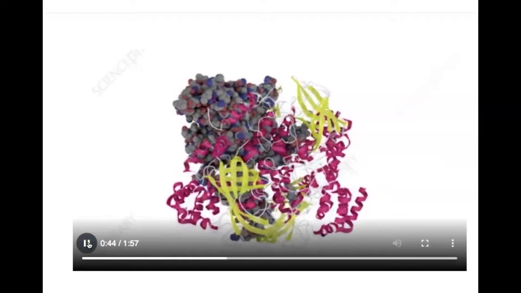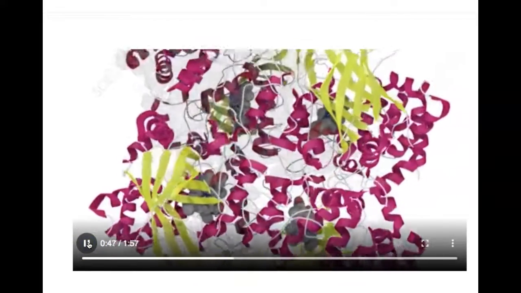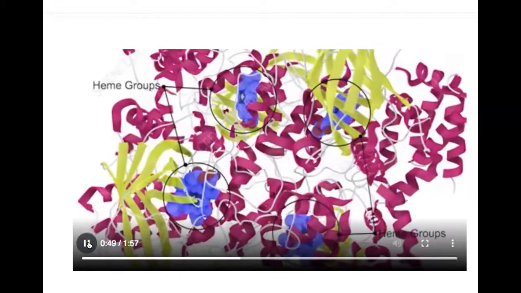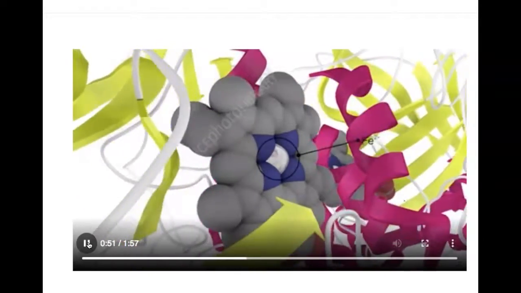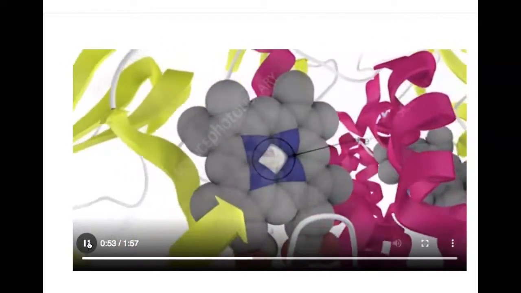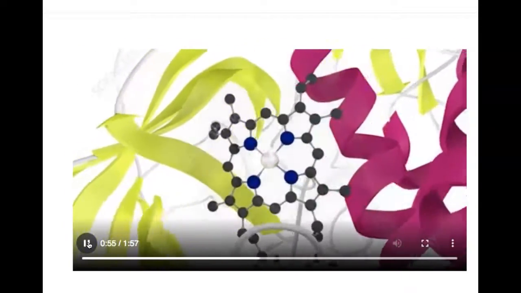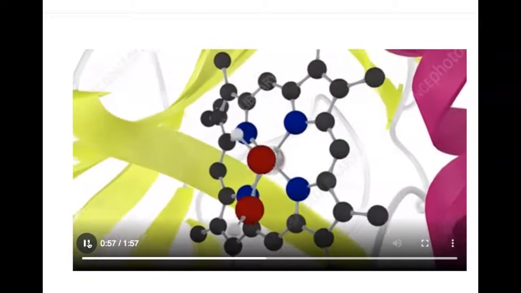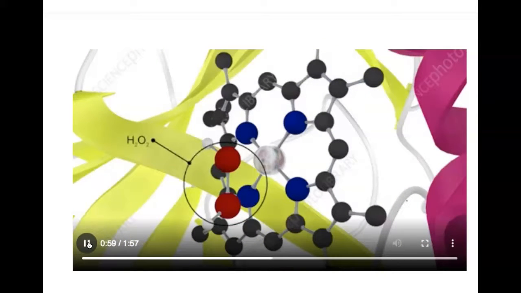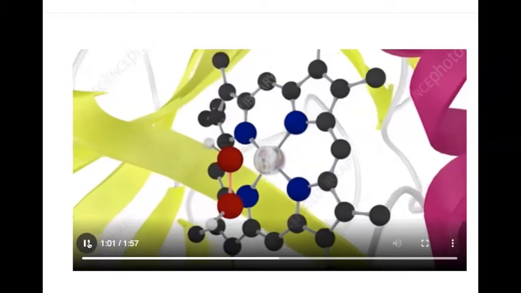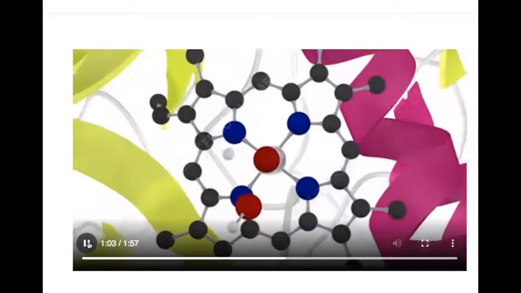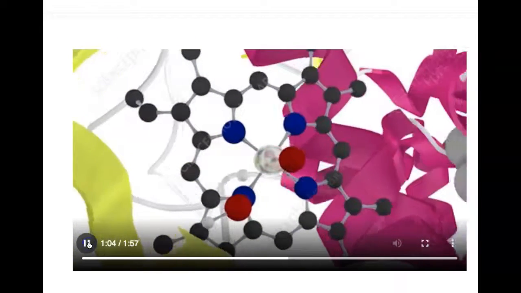So when you play this and you watch what happens, it's going to zoom in on special locations on that enzyme, and they have different molecules attached to them. This one has an iron atom stuck in the middle of that larger molecule. And what happens is the hydrogen peroxide comes and it's attracted to that iron, and you can sort of see what's happening here.